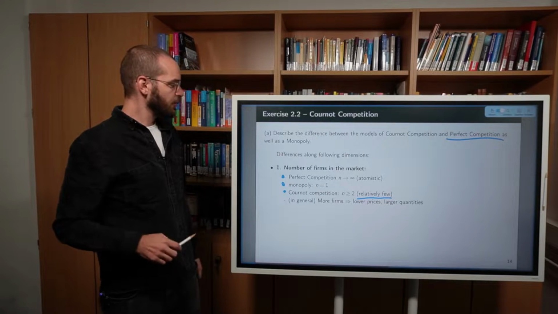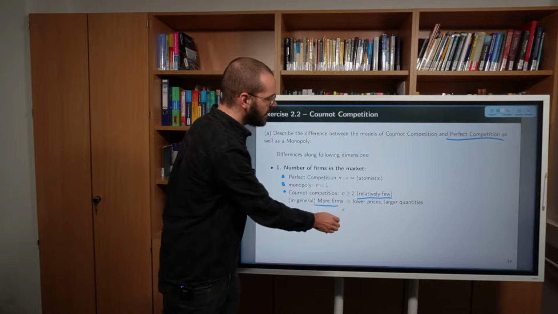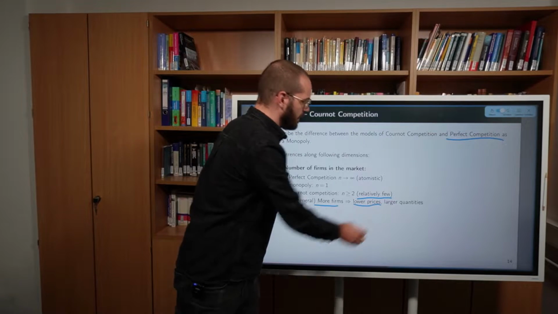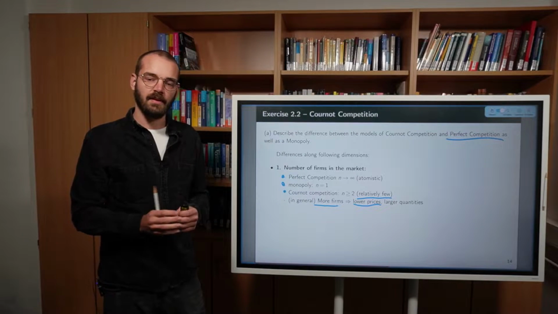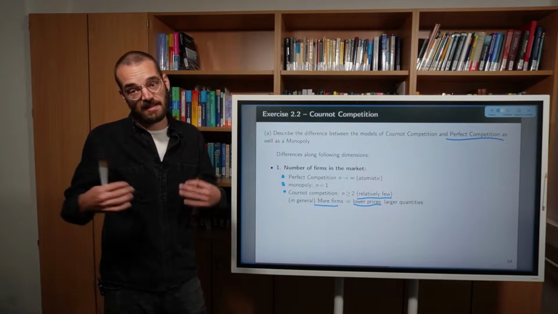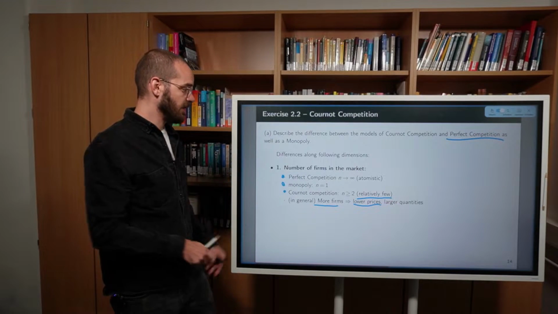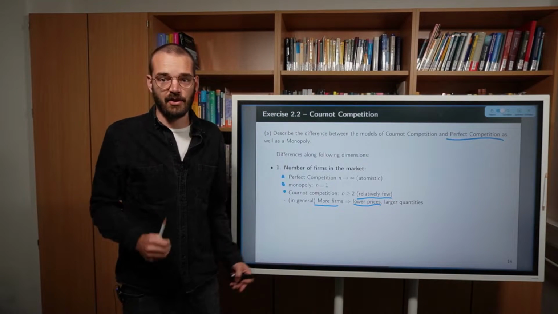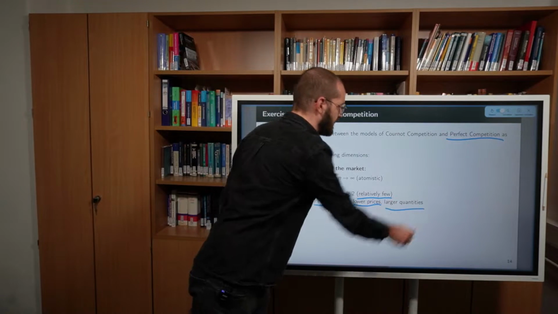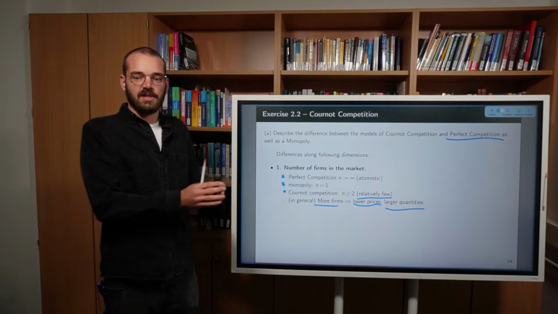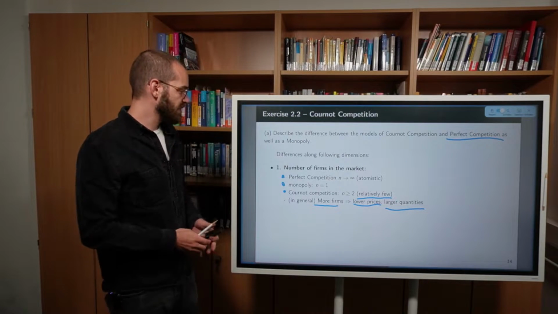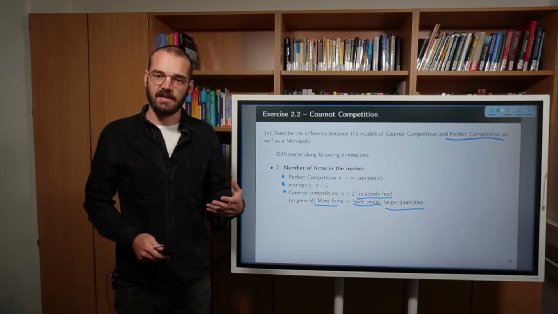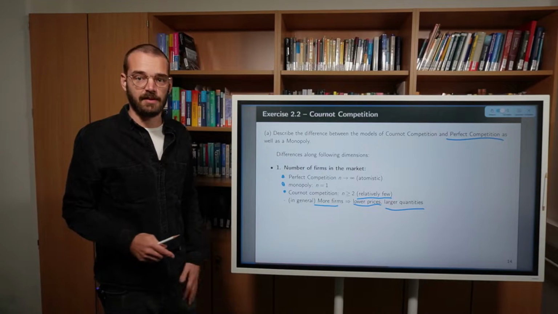Well, in general, we see that the more firms there are in a market, the lower will the equilibrium prices be, of course, ceteris paribus. And of course, if we see lower prices for a decreasing demand function, this implies larger quantities, right? So that's just how this number of firms influences the market outcomes, in general speaking.